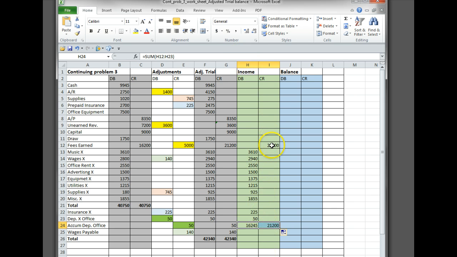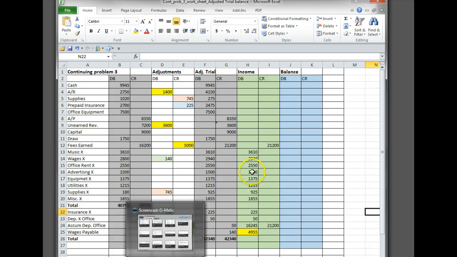So my income is 21,200. My expenses are 16,245. So the difference is going to be net income, which I want to make them balance. So I'm going to come right here, and I'm going to do 21,200 minus this number, and this right here now becomes my income.